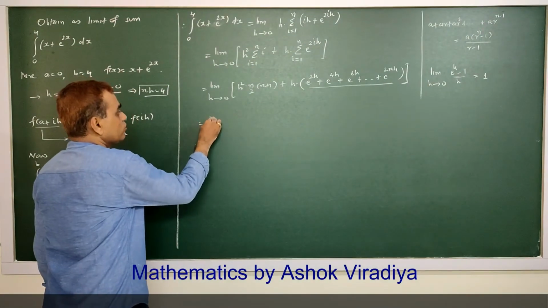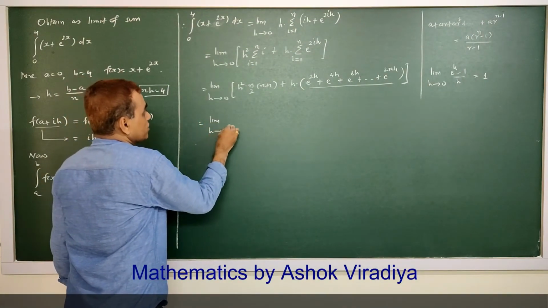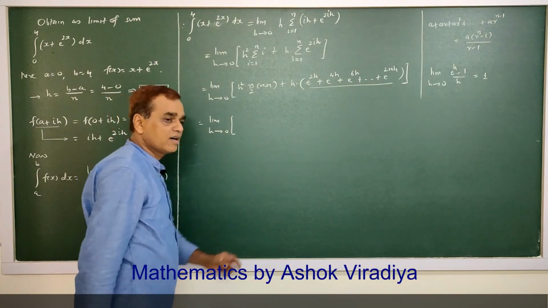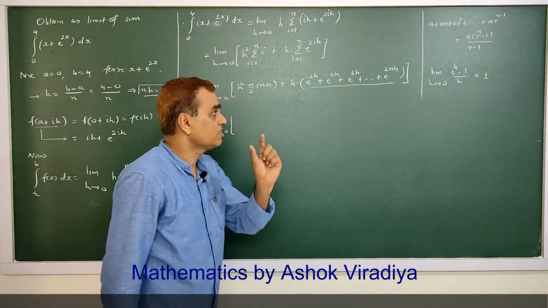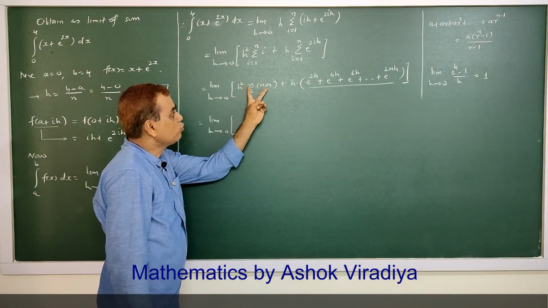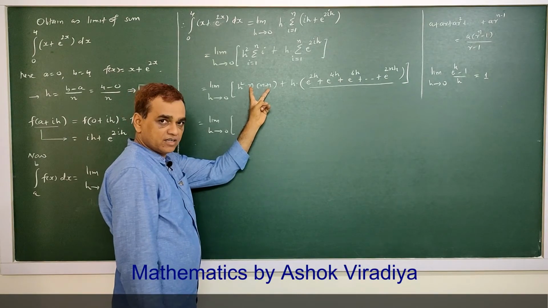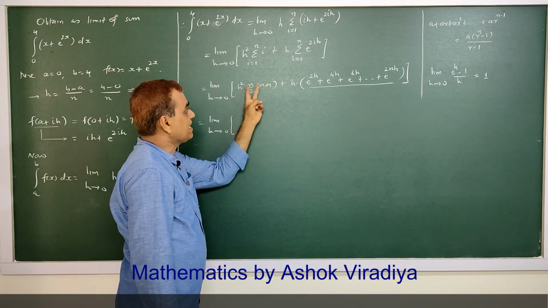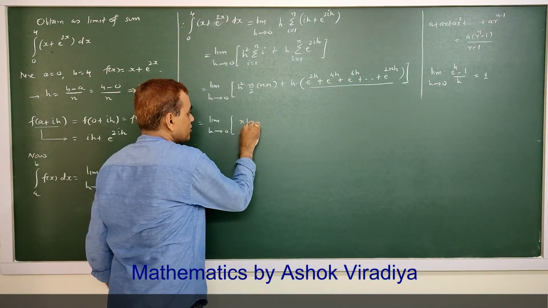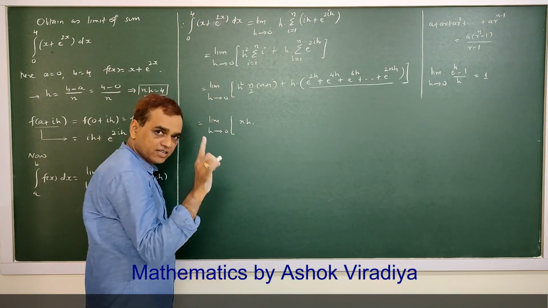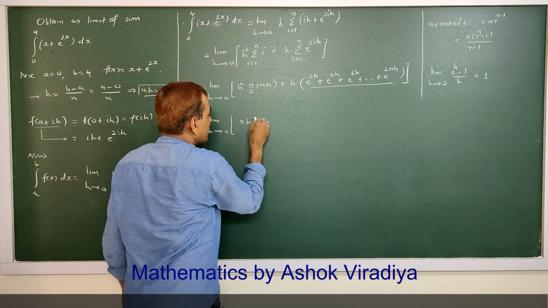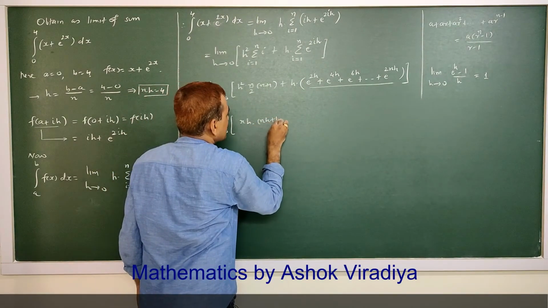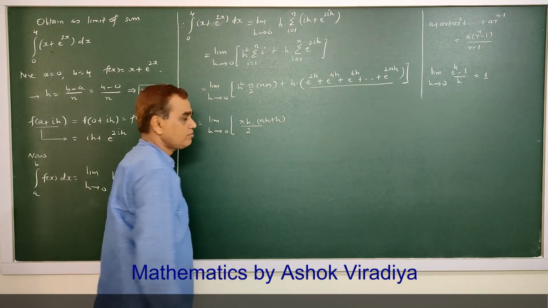So it is equal to limit h tends to 0. Here make a pair of nh: there are 2 factors of n and h, so one h we set with n, and one h we join in this factor, so nh into (n plus 1) h by 2.